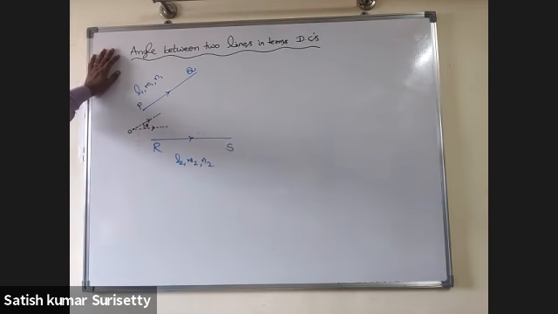Angle between two lines in terms of direction cosines. Let L1, M1, N1 and L2, M2, N2 be the direction cosines of PQ bar and RS bar, and theta is the angle between them.